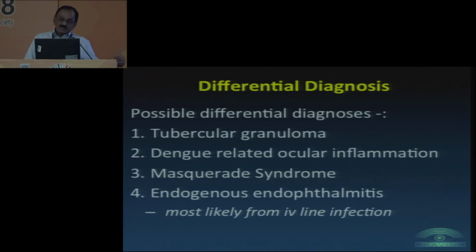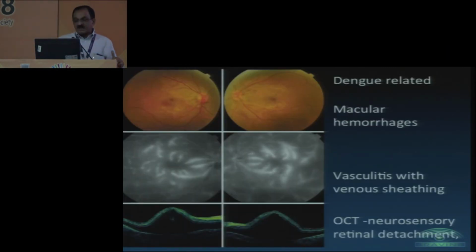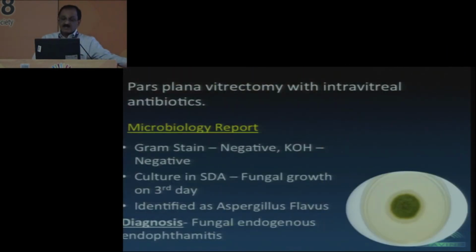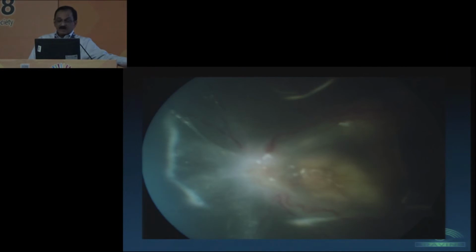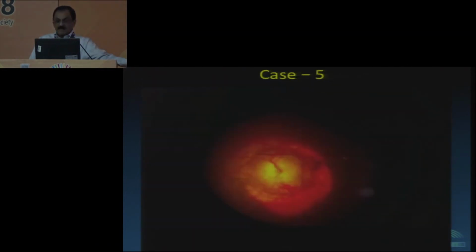The first suspicion is endogenous endophthalmitis because this patient has been treated with an IV line, and in fact that was correct, because normally with dengue you would have macular hemorrhages like here, or vasculitis with venous sheathing, or the OCT may show neurosensory retinal detachment. You don't see an endophthalmitis-like picture as we have. So this actually turned out to be a fungal endogenous endophthalmitis after we did the vitrectomy. This is a fungal granuloma that was seen intraoperatively.